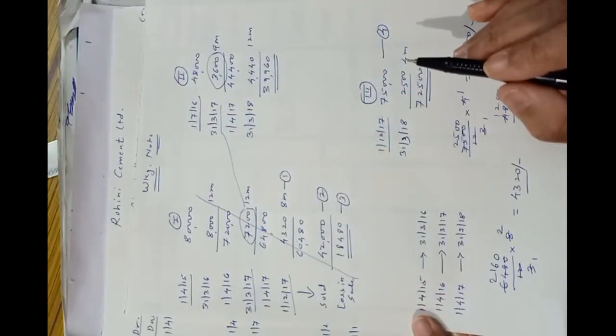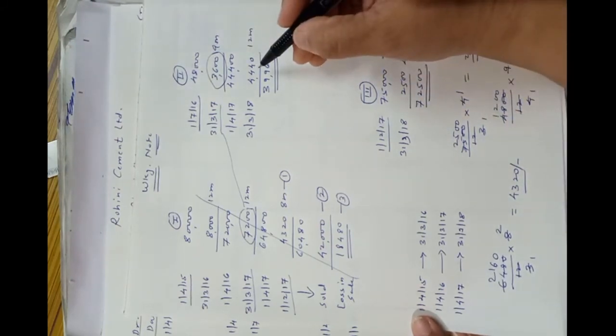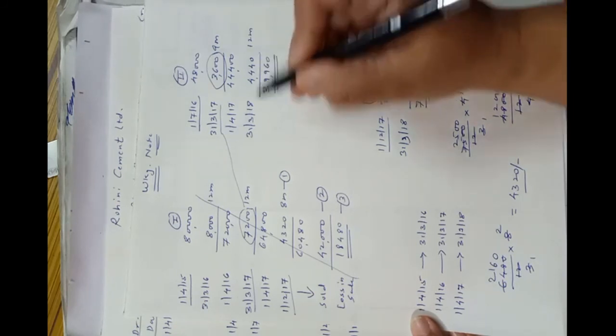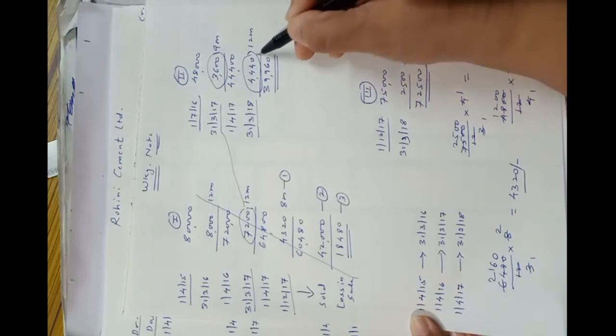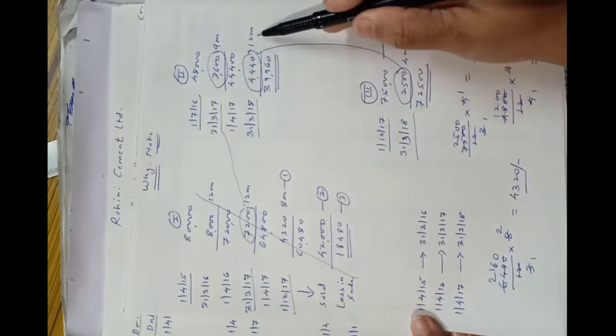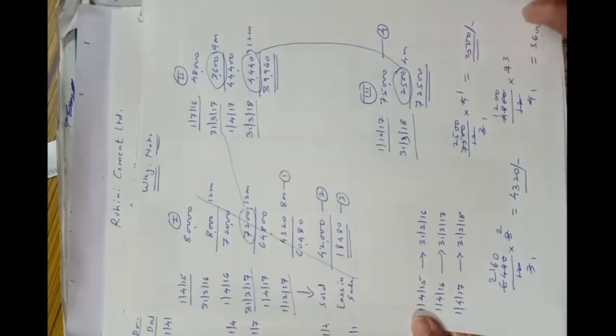See here, on 1st December the work of this machinery is over, it has been sold. Now they have these 2 machineries. Now on 31st March 2018, that is the last day of this year, we have to deduct the depreciation for this machinery as well as for this machinery. Depreciation for this machinery will be for 12 months and depreciation of the new machinery will be for 4 months.